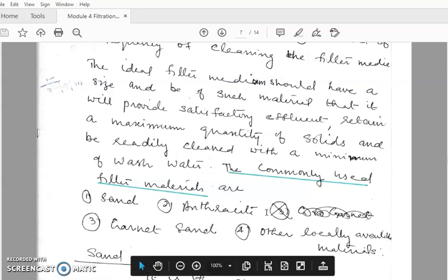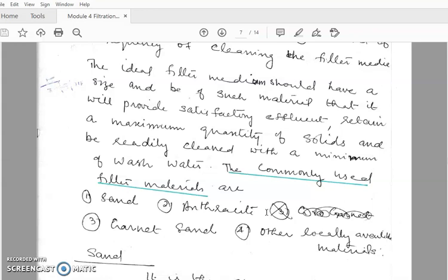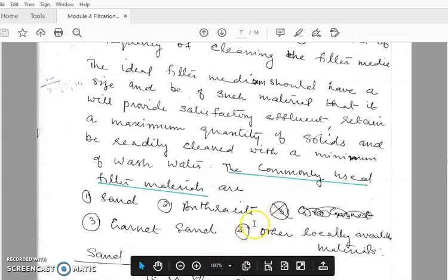As we are considering, we have to import it. It is a foreign material. It is also a lightweight material. So it has certain advantages as well as disadvantages that we will discuss later.